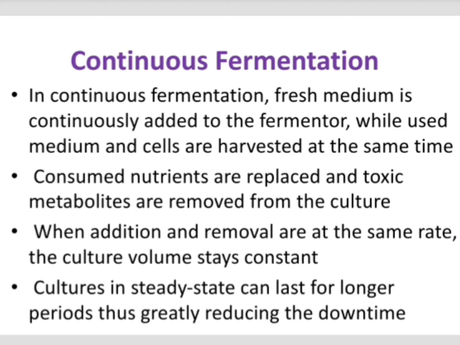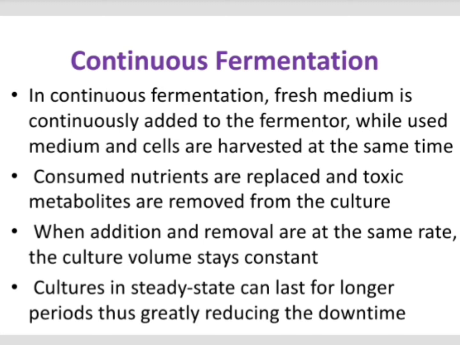So here consumed nutrients are replaced and toxic metabolites are removed from the culture. Consumed nutrients are used nutrients. They are removed along with the toxic metabolites that are produced. So the excreta or the waste products from the microorganisms are filled inside the liquid broth, and we are extracting that toxic material along with these used nutrients.